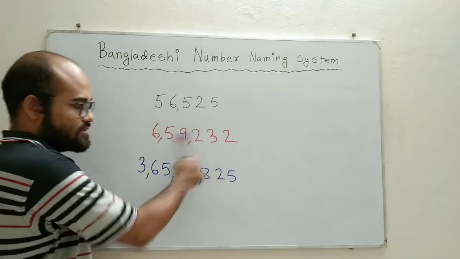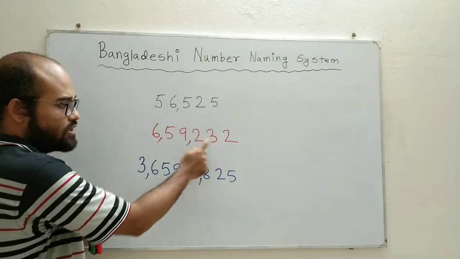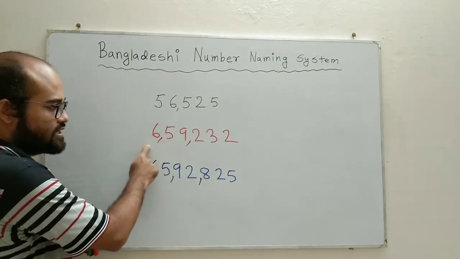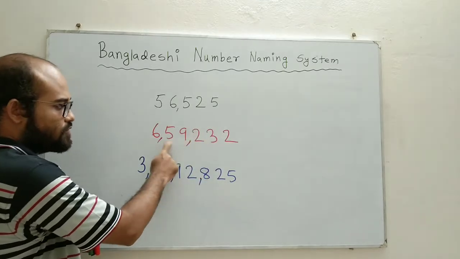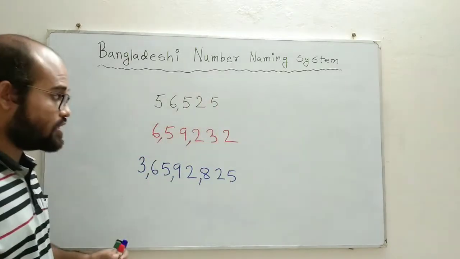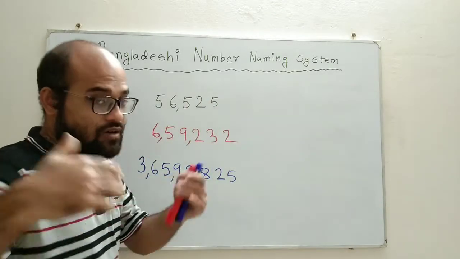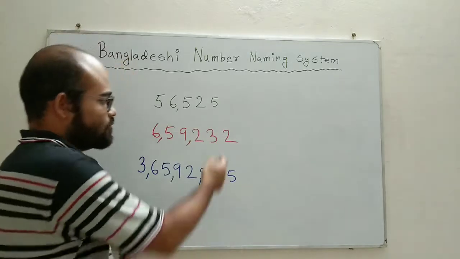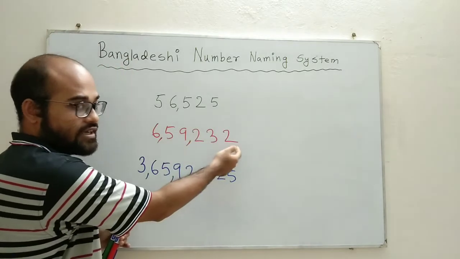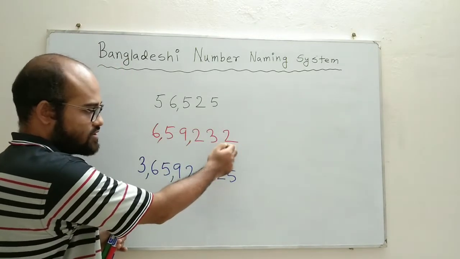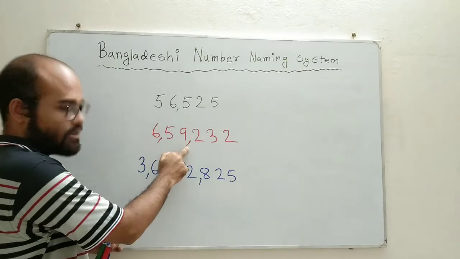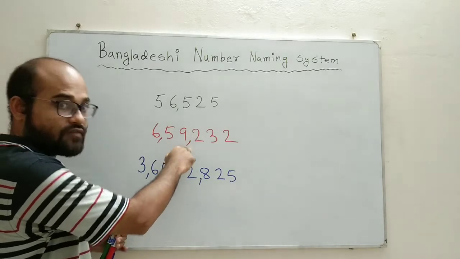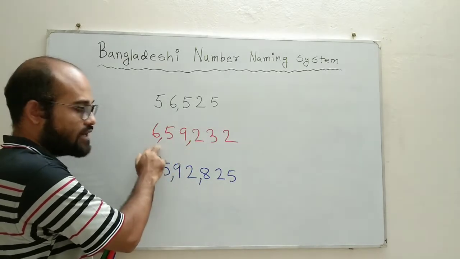Now, in the second case, how many digits do I have? 2, 3, 2, 9, 5, 6. How many? 1, 2, 3, 4, 5, 6. So I have 6 digits. So, according to our Bangladeshi system, where shall I put the first comma? After 3 digits starting from the right. So, it will be over here. Now, after having put the first comma, I have to put the second comma after 2 digits.